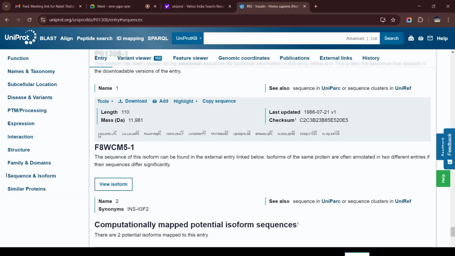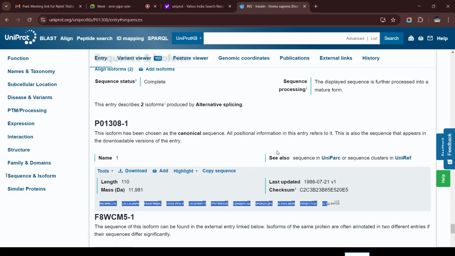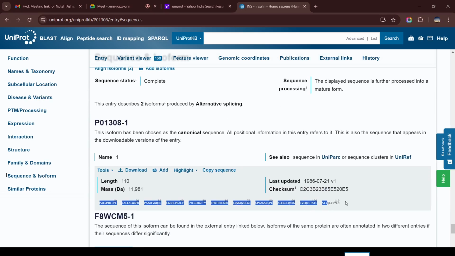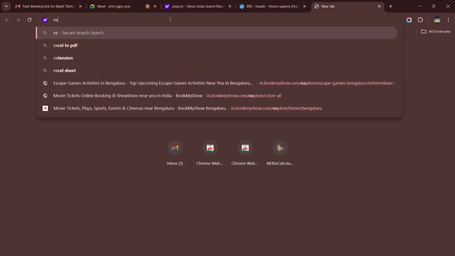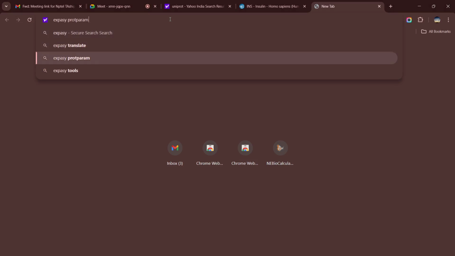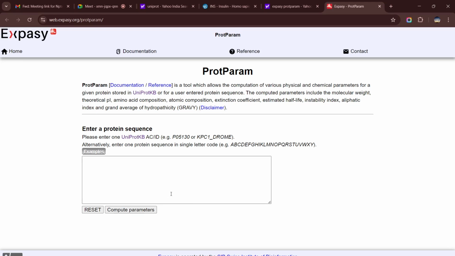Now this is the sequence. What you do is copy the sequence from here. And there's another tool called ExPASy ProtParam.